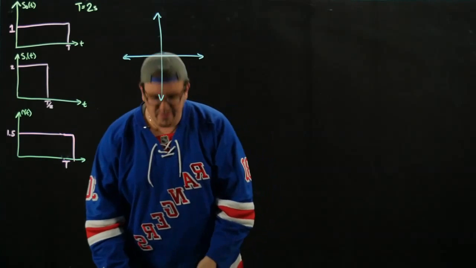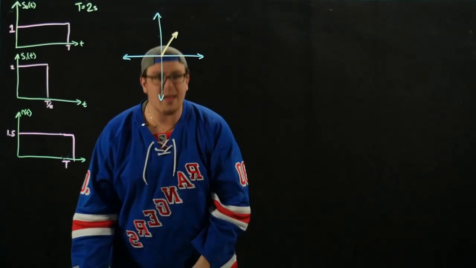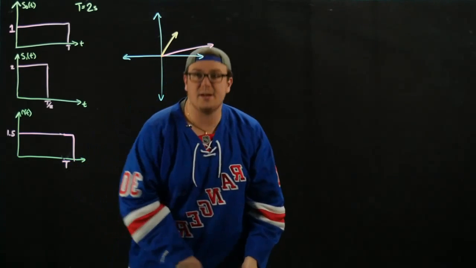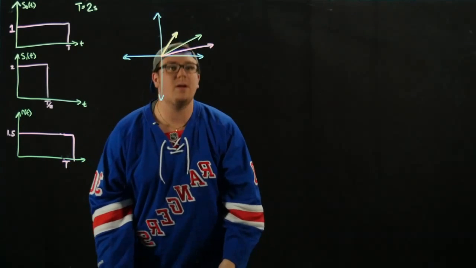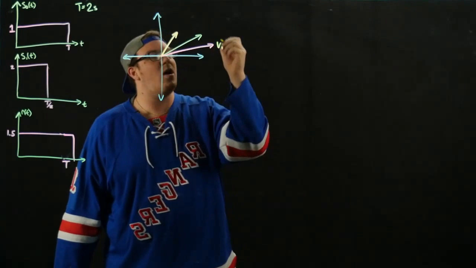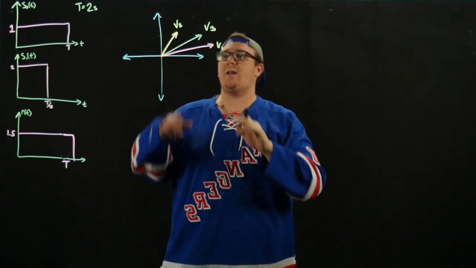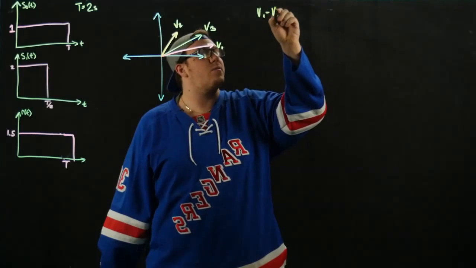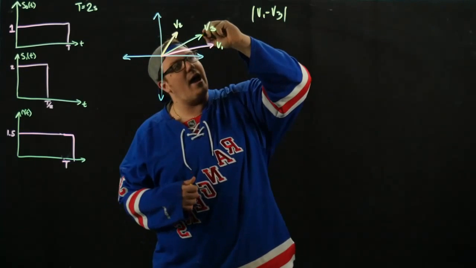So if we have a vector like this, and then another vector like this, and then a third vector that looks like this, let's say this is vector 1, this is vector 2, and this is vector 3, and we want to find which one vector 3 is closest to, well, you can do vector 1 minus vector 3 and look at the magnitude of that, and that will give us our distance.